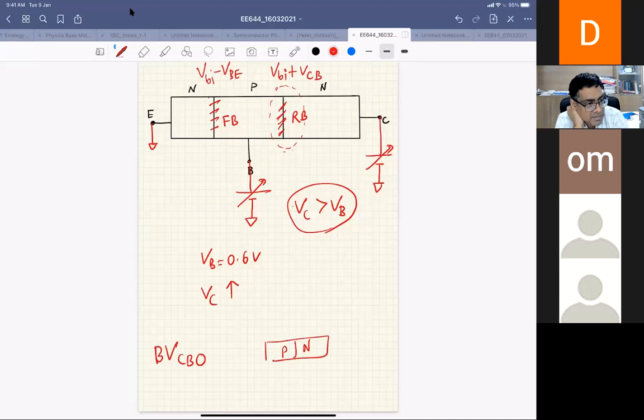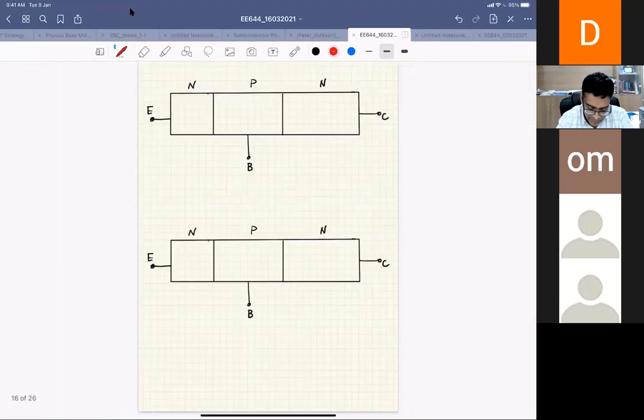So that is BVCBO. And another important voltage is BVCEO, the collector emitter breakdown voltage, when the base is open, right? Here the emitter is open, here the base is open. So this is my BVCBO.